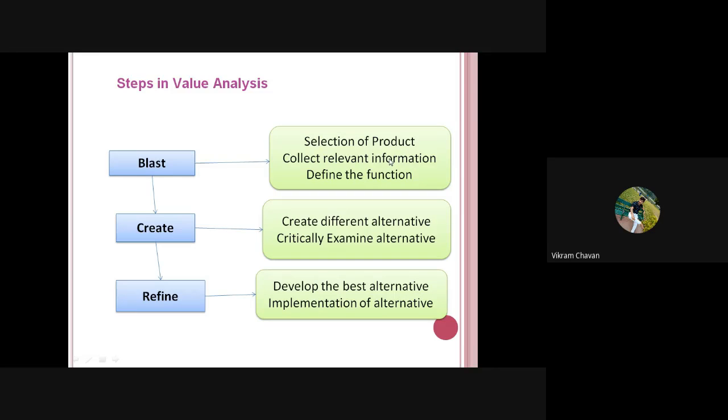Second, collect relevant information. And third, define the function.